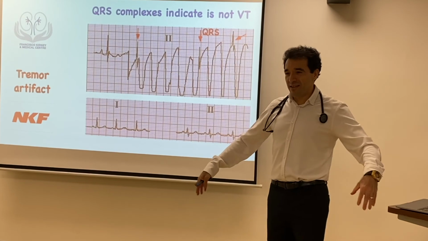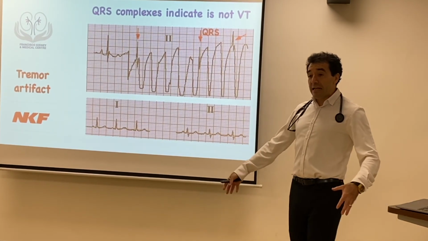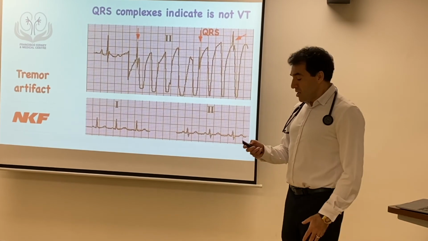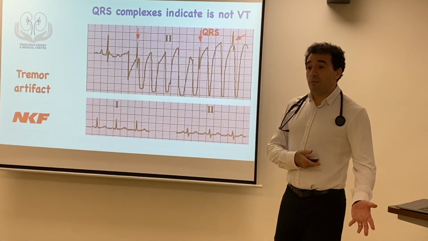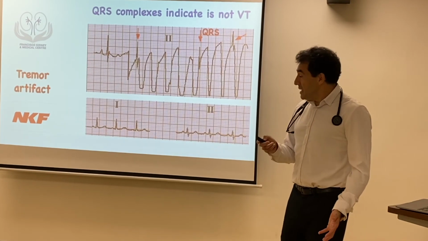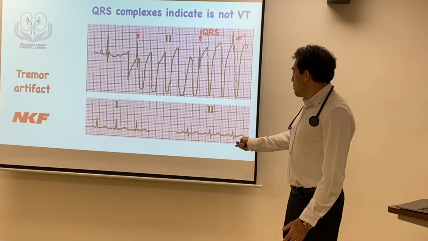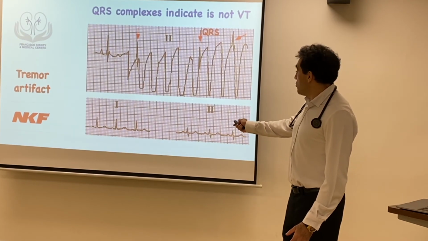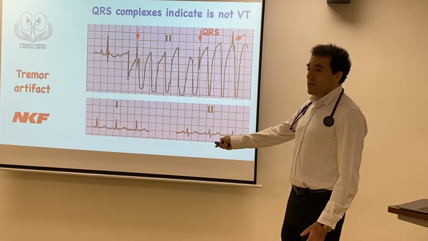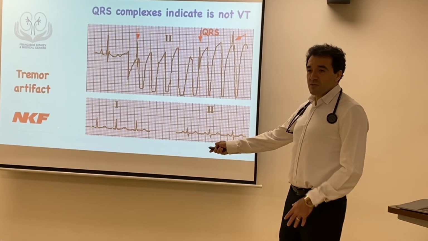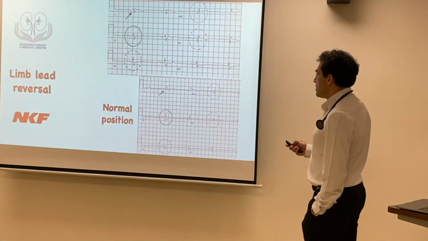It's mainly the limbs, so tremor changes will appear more on the limb leads. The precordial leads don't look so bad while the limb leads look bad. Remember, the same beat here is the same beat there, and suddenly in the limb leads it looks like that, while in the precordial leads it looks normal. So it's probably just an artifact.